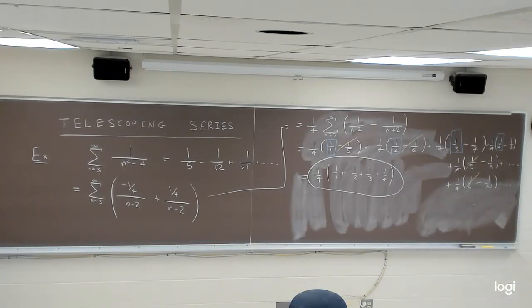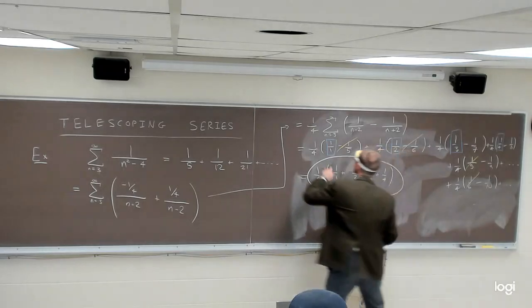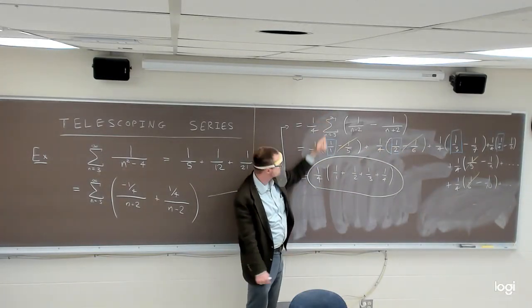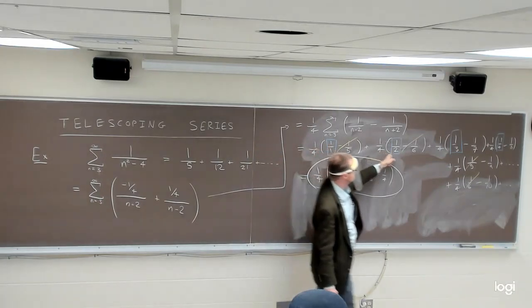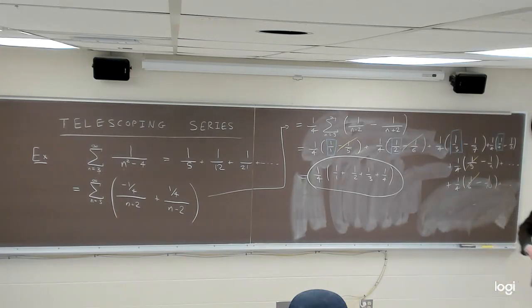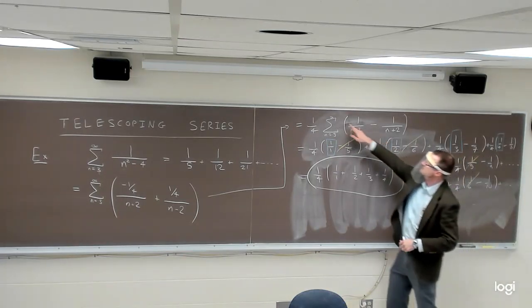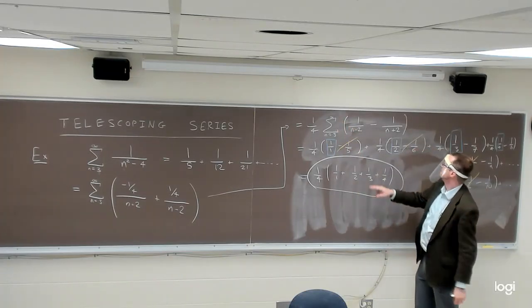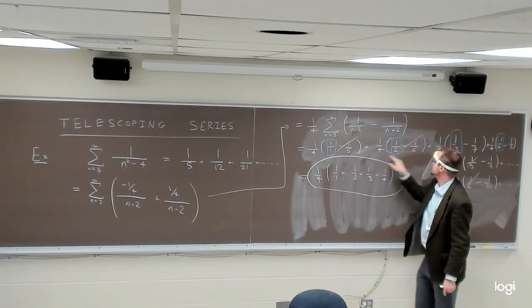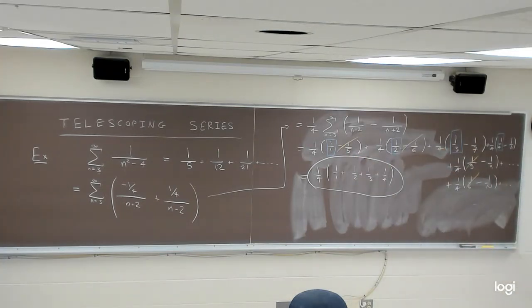If we were to take any finite partial sum, go from n equals 3 to 17 or whatever, we'd have 4 terms that survive at the beginning, and they'd be balanced by 4 terms that survive at the end. My surviving minus terms are going to be like 19, 20, 21, and 22. And those 4 subtracted terms balance out the 4 additive terms.